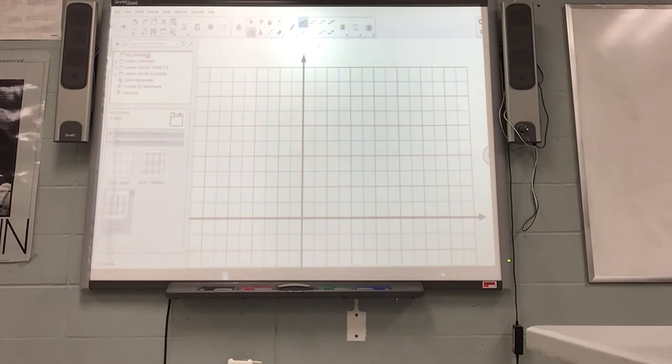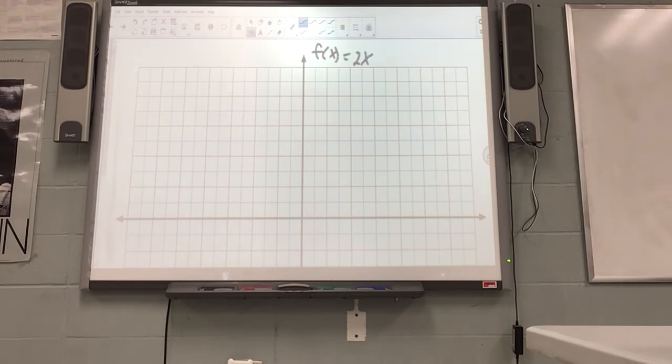Alright. It says f of x equals 2x squared minus 8x plus 6. Give me a graph, a domain, and a range. See what you can do with that.